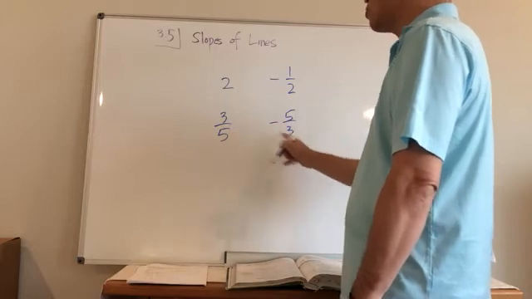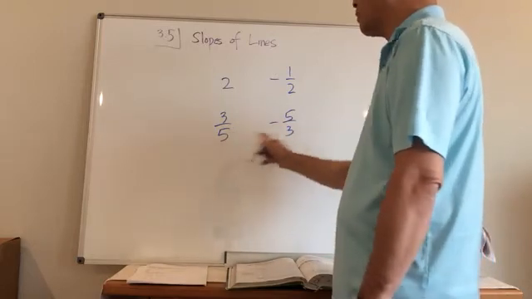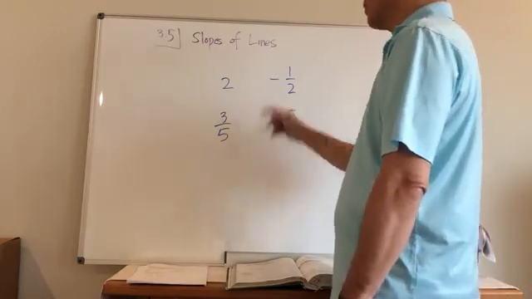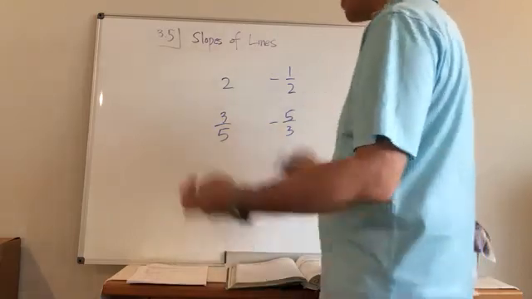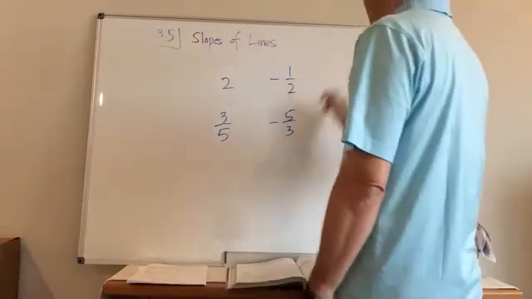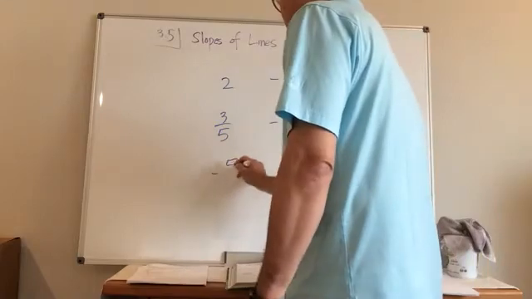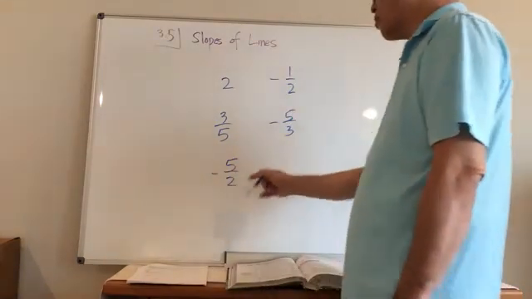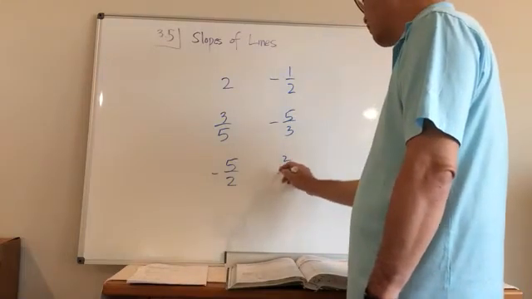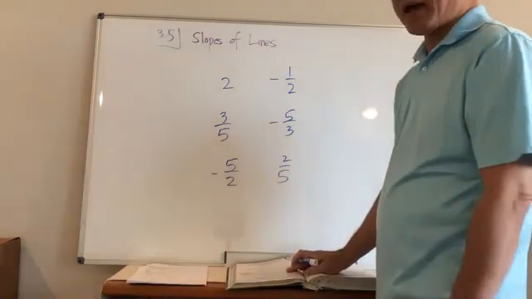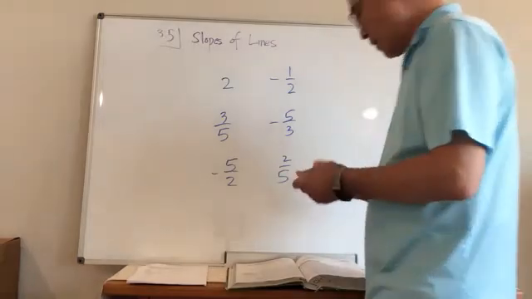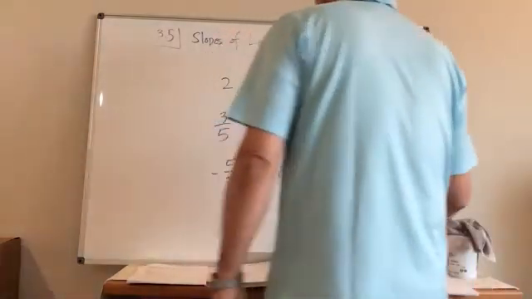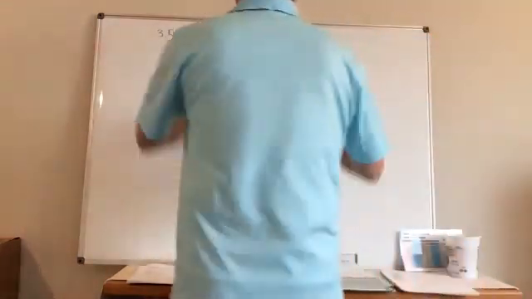So these two slopes are now perpendicular. If I had -5/2, then the line perpendicular to this slope would be 2/5. You get the pattern here, right? Okay, and you've done this before. So let's go to example number 3 and see if we can actually use this in examples.